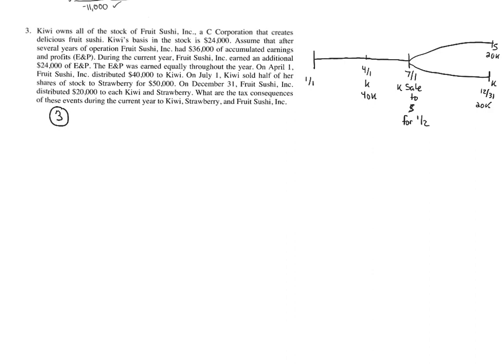Step 3, we determine the amount of distribution. We've got Kiwi, we've got Strawberry, so we're going to have total amounts. Kiwi gets $40,000 here, $20,000 here. Kiwi has a $60,000 distribution during the year. Strawberry just has $20,000.